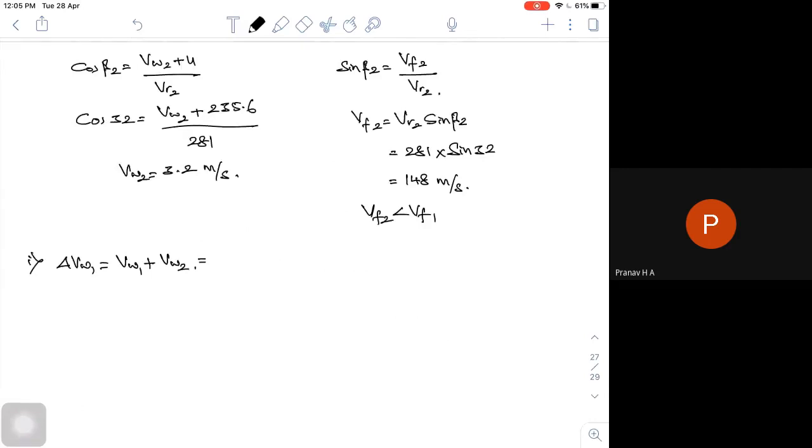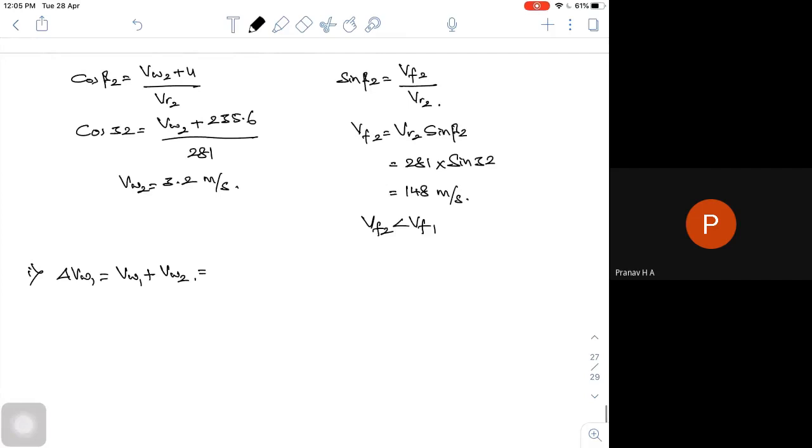So VW1 is 492 plus 3.2, it is 495.2 meters per second. What is the axial thrust? In this kind of axial flow machine, the axial thrust is in the flow direction, because the flow direction and the axis are in the same direction.